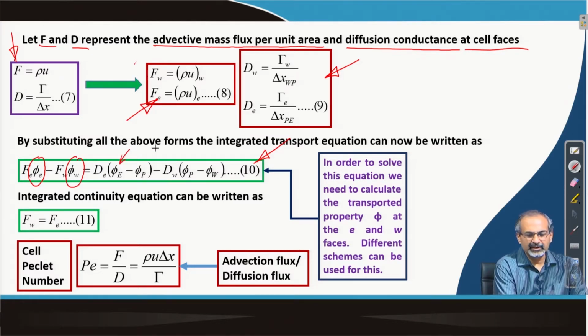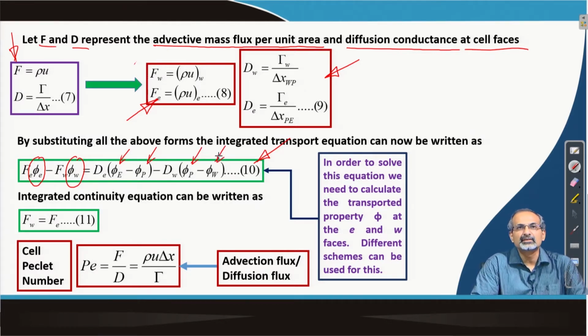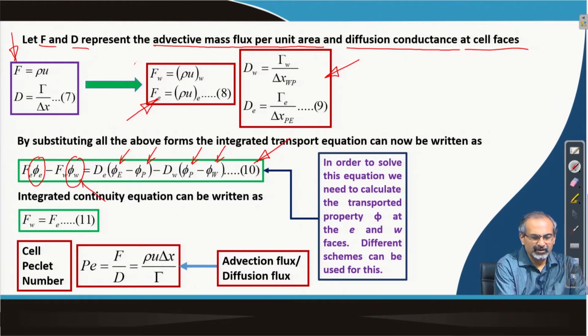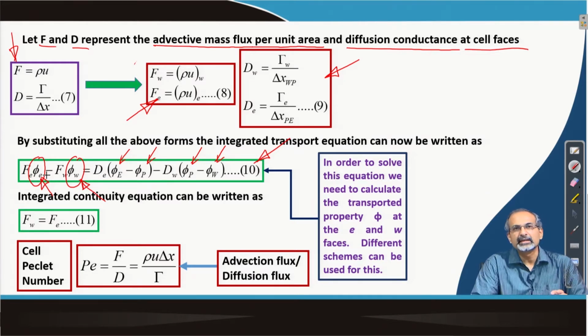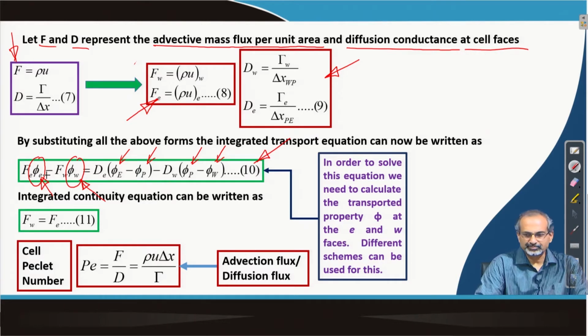On the right hand side of the equation the phi's are already available from the cell centers, where they are updated from time to time, but you do not have a ready definition for phi small e and phi small w, because they are the interface values. In the finite volume approach, we always have to think about strategies for calculating these interface values, and there could be different possibilities here, which we will explore in due course.